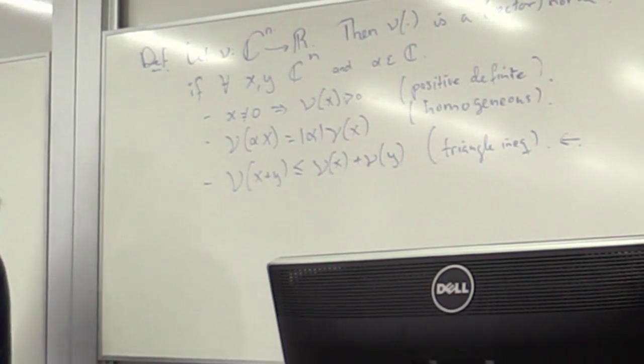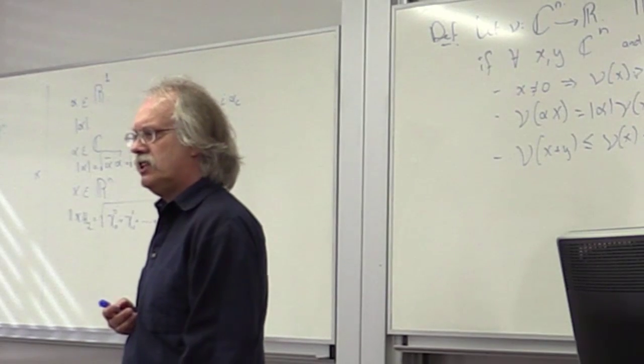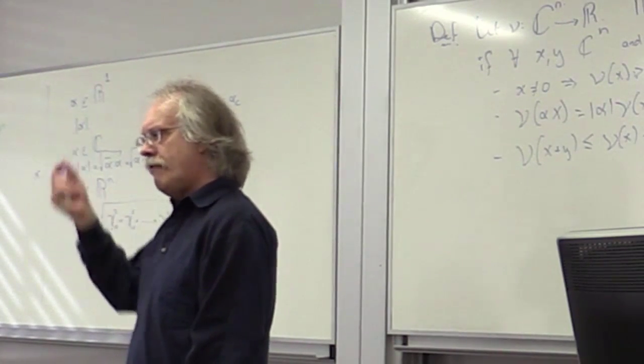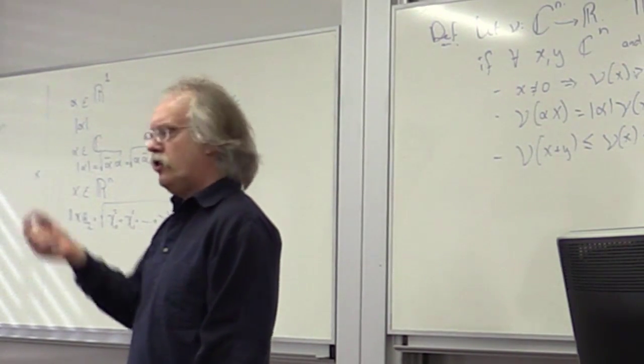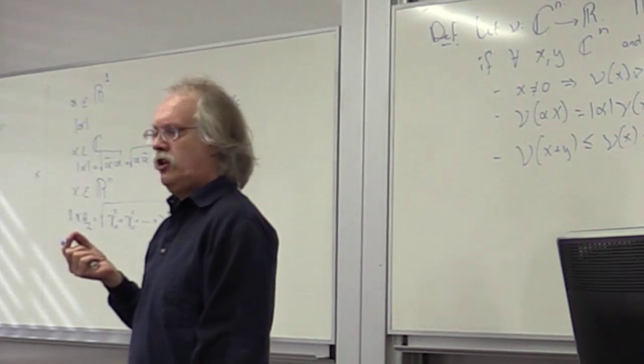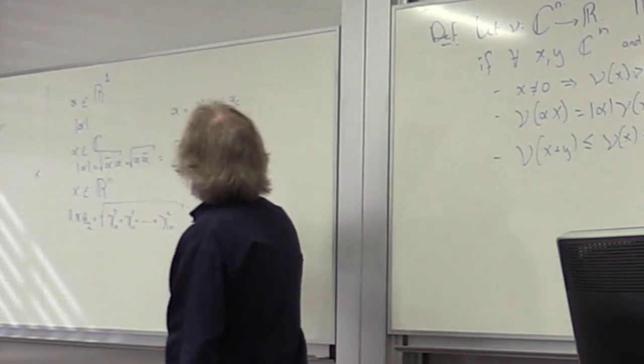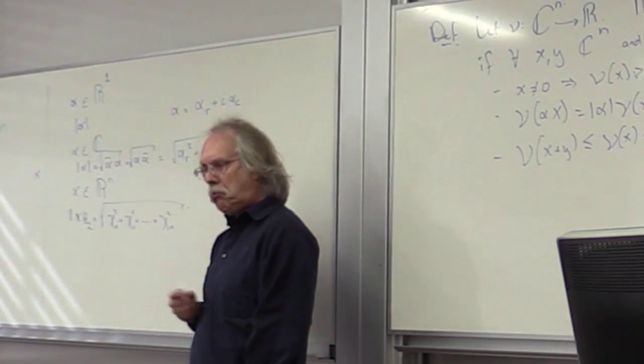Now, question: is this cheap to compute? It's cheap enough. Anytime you have a vector with n elements, you're going to have to somehow look at all of the elements, so invariably it's going to take order n time to compute. This takes order n time to compute, which is good enough.